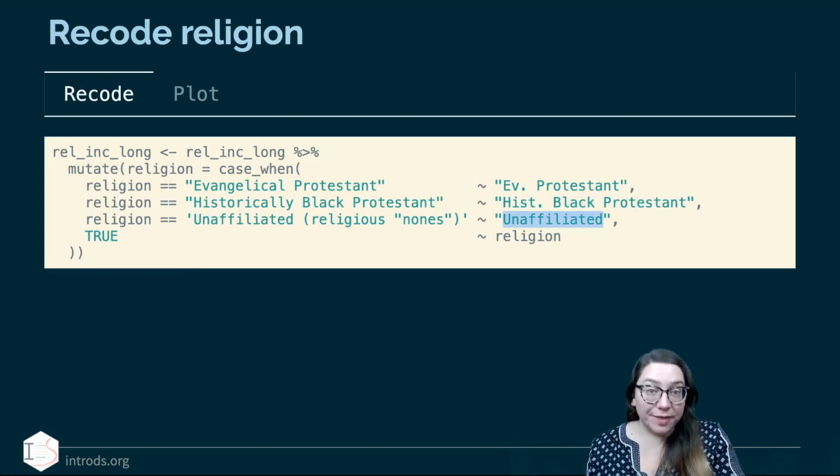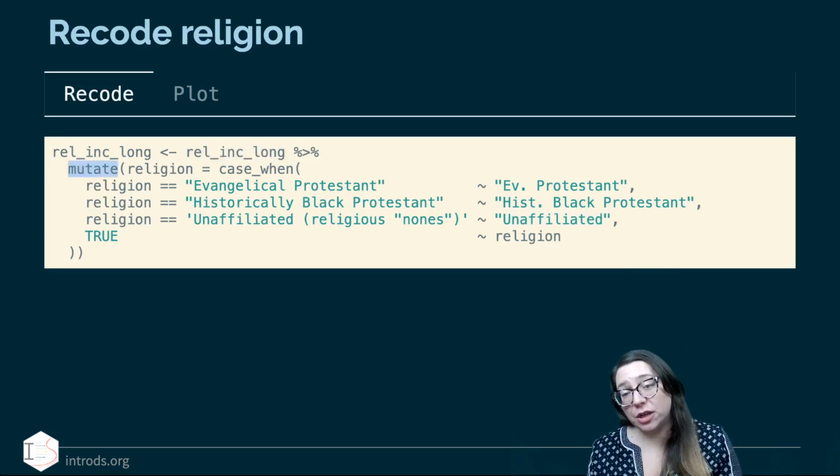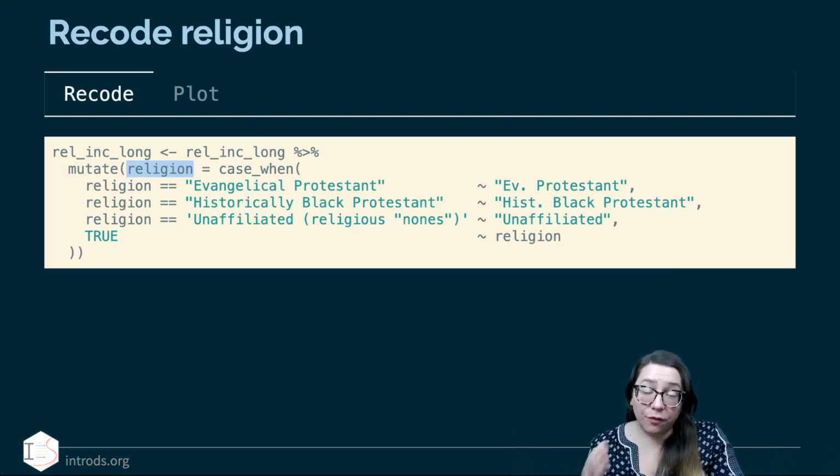So we've seen the case_when function before, but I want to go over it one more time. So I start with my data frame, and I'm doing a mutate because I'm changing my data frame, and specifically touching on the religion variable. And note that the variable that I'm basically creating is one that already exists, so I'm overriding the existing variable. And the way I'm overriding it is by a series of four conditions that I'm going to check for.